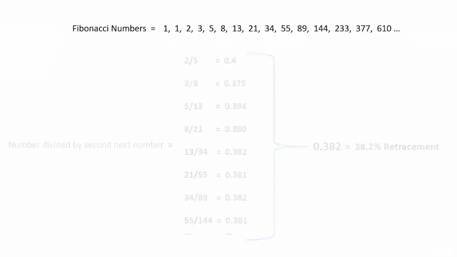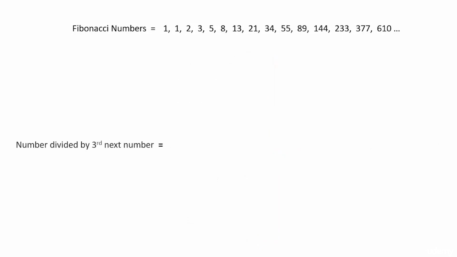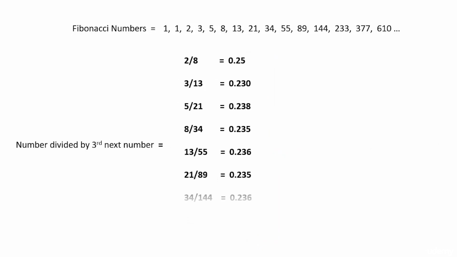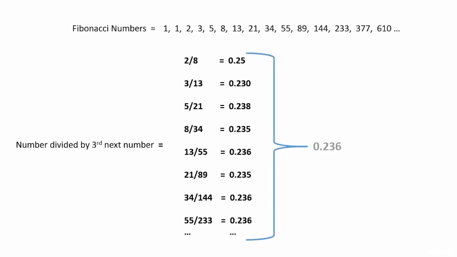Again, if you take any Fibonacci number other than 1 and divide it by its third next Fibonacci number, the quotient will be 0.236 or near 0.236. This 0.236 ratio is the 23.6 Fibonacci retracement level, and as I mentioned before, the 23.6 is the first Fibonacci retracement level.